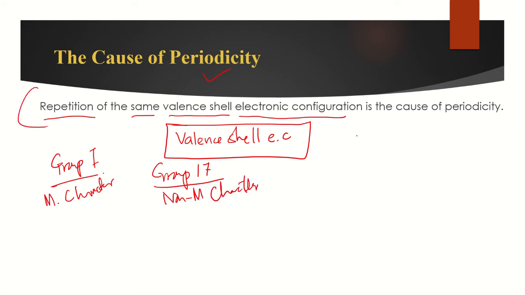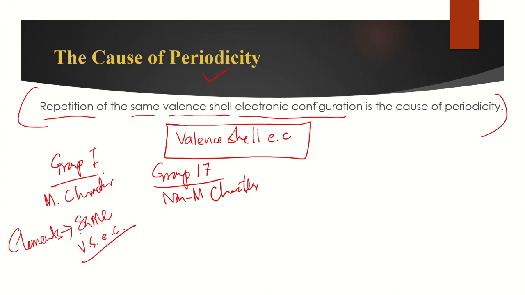Now, the cause is that all the elements in group number 1 have the same valence shell electronic configuration.